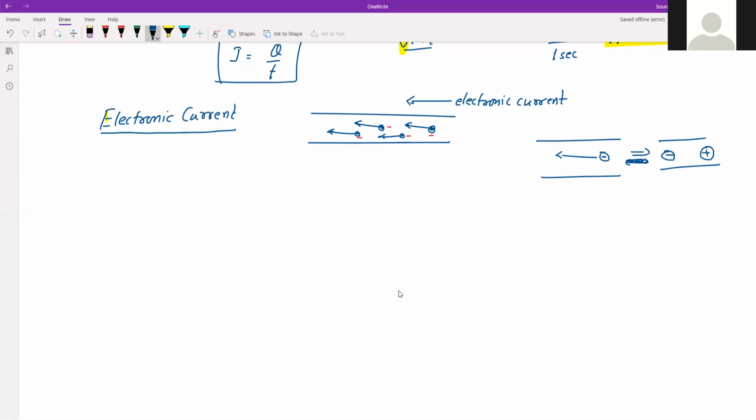So what we are seeing here is that if the electron is moving in this direction, then a positive charge is moving in the opposite direction. So the direction of flow of positive charge is actually this, and this is our conventional current.